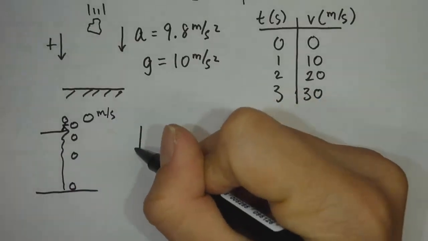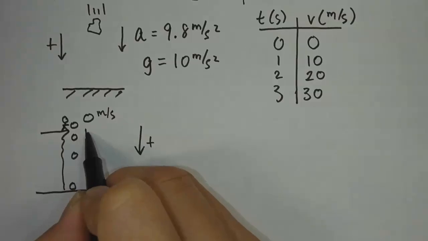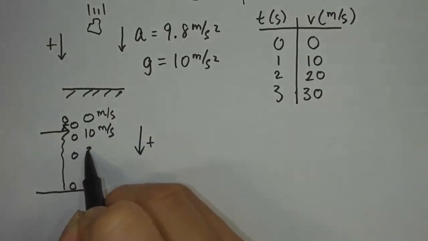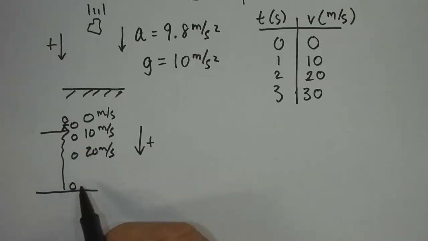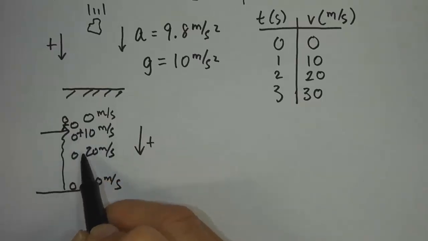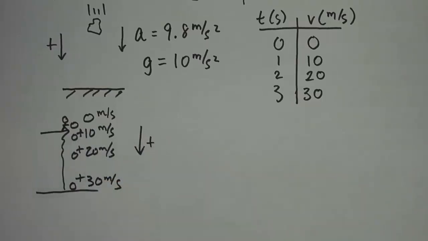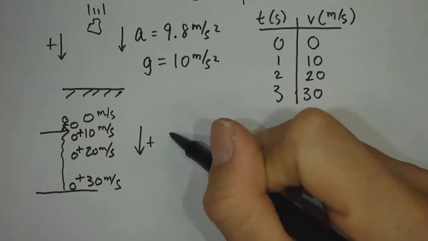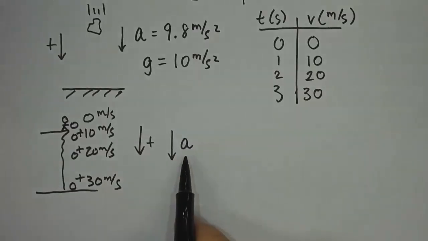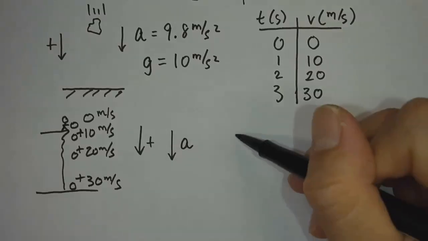If we make down positive, 1 second later it has a velocity of 10 meters per second, 2 seconds later 20 meters per second, and 3 seconds later 30 meters per second. These will be positive because I'm making down positive. And just to remind us, the acceleration due to gravity is always downward.